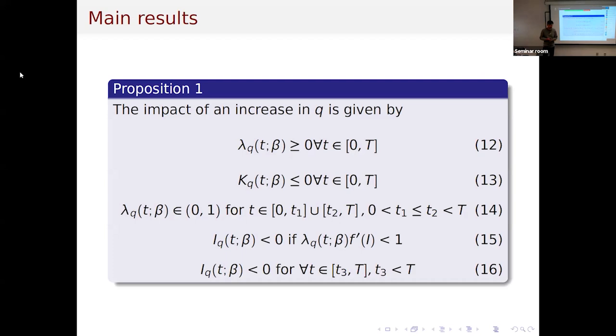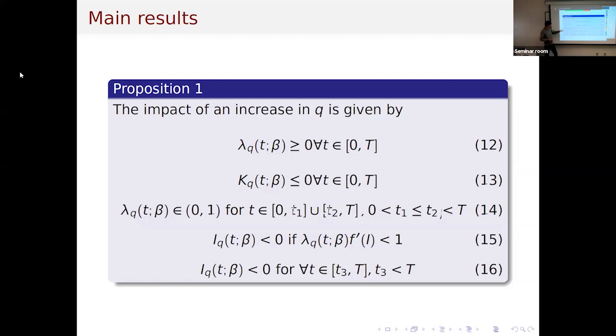Now, given all this, we can present our main results. The impact of an increase in Q is given by the following. If the price of investment goes up, then we can prove that at each instant of time, lambda Q increases, and K is decreased at each point of time. Furthermore, we can get more results on lambda Q. It is not just greater than 0.